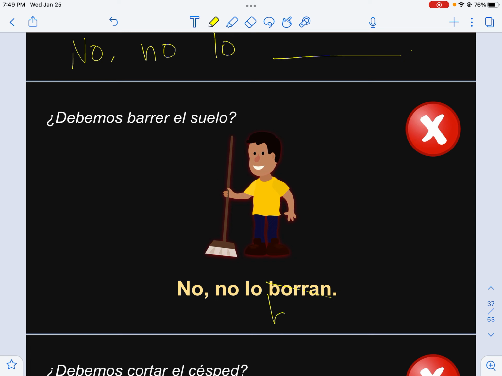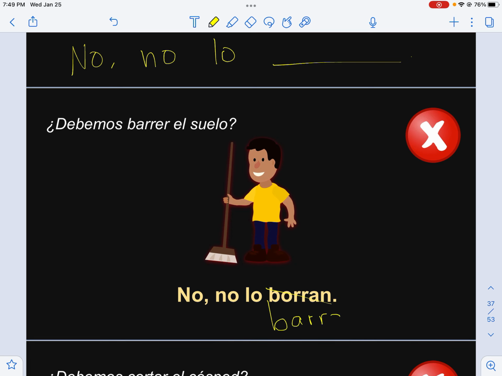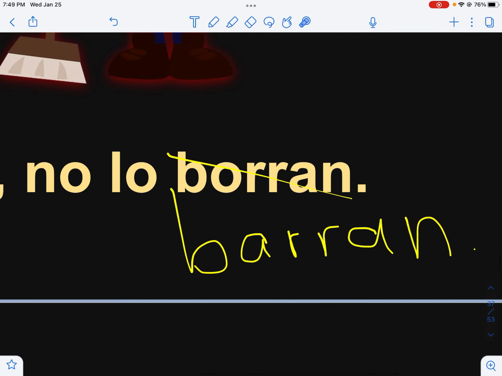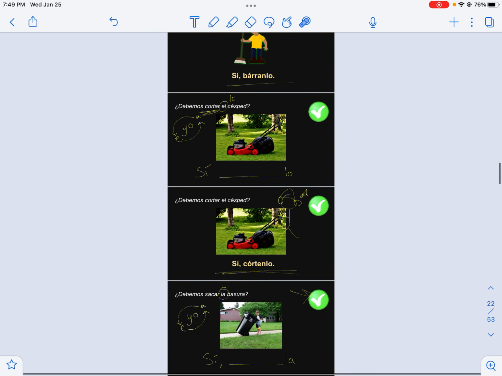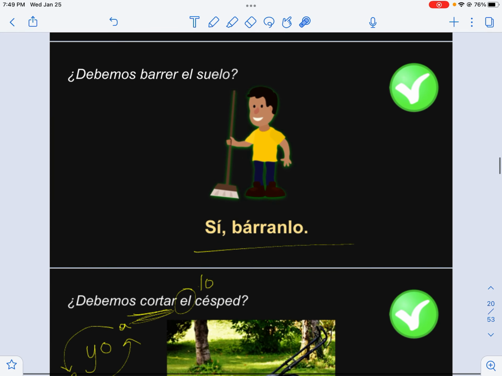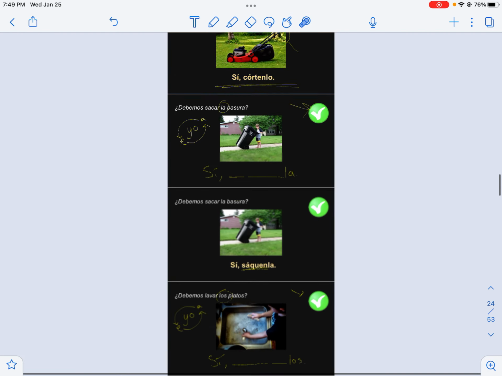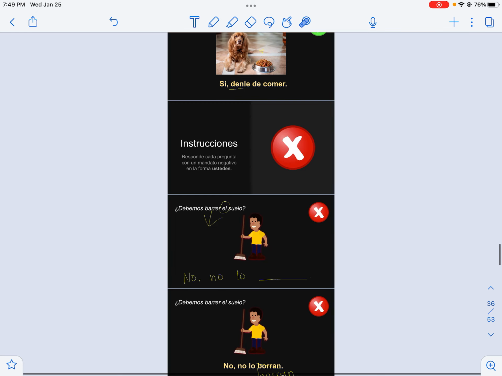This should be barran. This is an A. Barran. Did I do that on the first one too? Nope, I didn't. I did it right. Nice, good job, me. Okay, moving on.